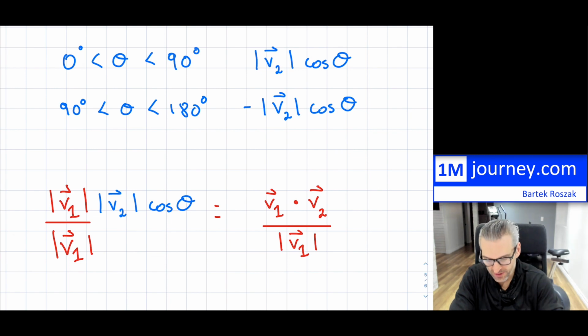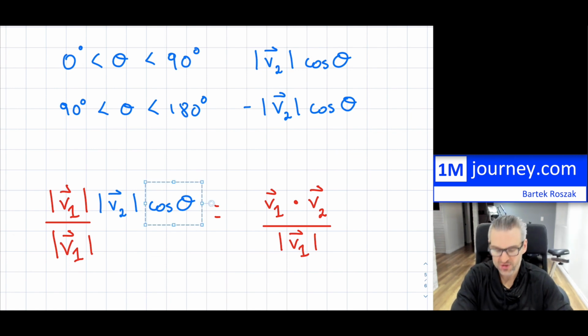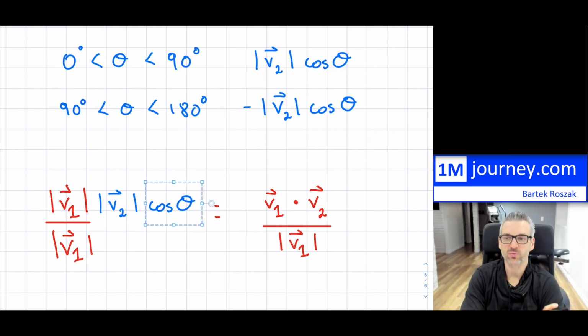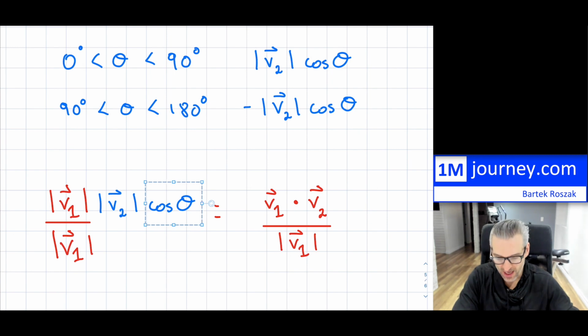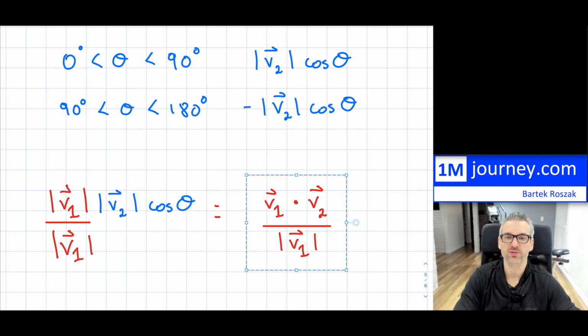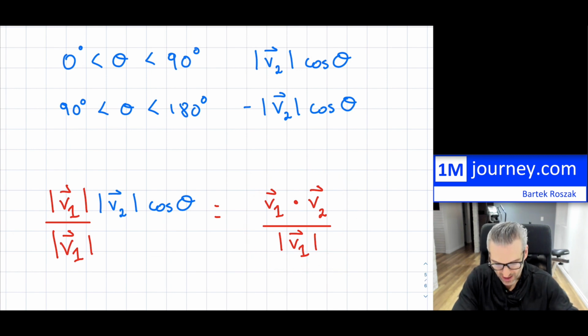If you don't feel like finding out what this cos theta is between the two vectors, and you're given it in Cartesian vector form, then you can use this right here as your magnitude. And if you have an angle which is between 90 and 180, then as you can see here, this is going to be the same thing as this, but you've got to put a negative.